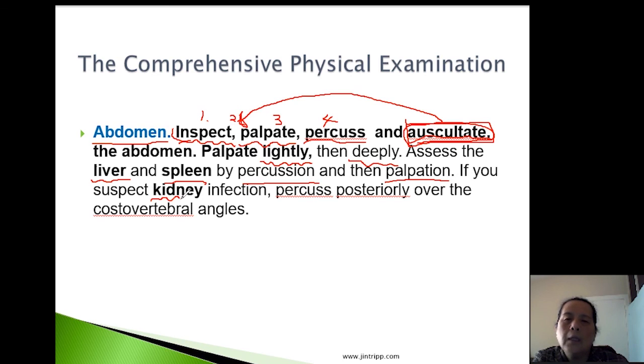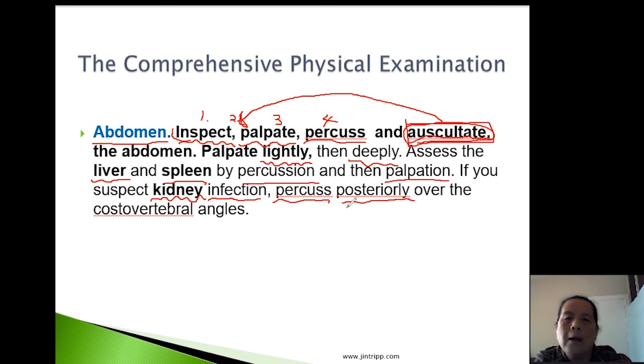Usually we couldn't find the kidney. But if the patient has a kidney issue, like kidney infection, usually we can do percussion on the back area. Still remember the location.